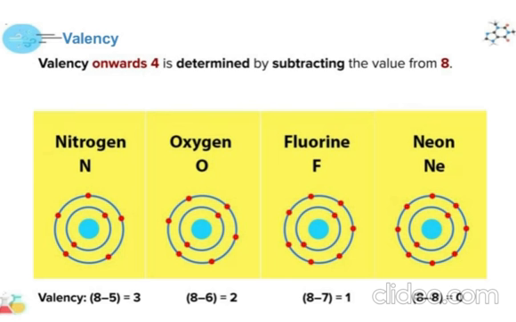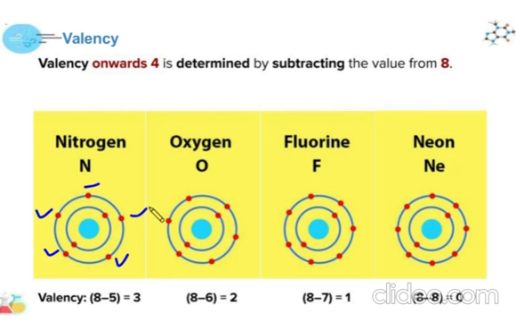Now, if I have above 4, from 4 till 8, I will subtract the number from 8 and I will get the valency. Like here, it is nitrogen. The valence electrons are 1, 2, 3, 4, and 5.